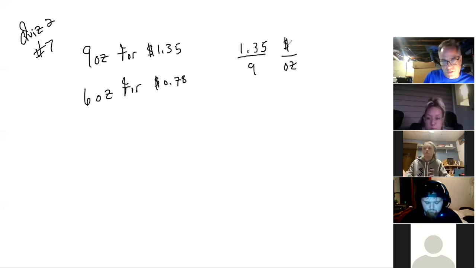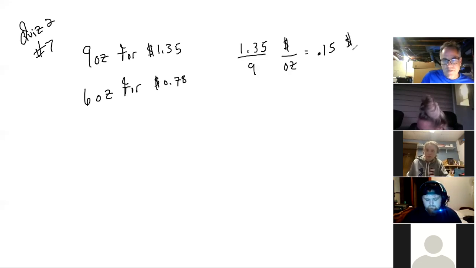That's ultimately what I'm looking for here. So if I get my calculator, 1.35 divided by 9 is going to give me 0.15, or basically 15 cents per ounce.